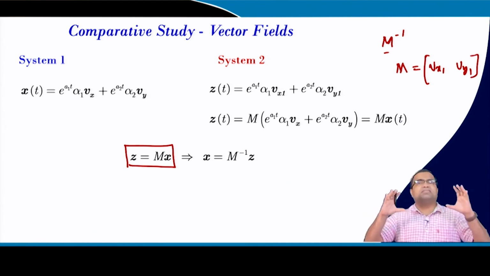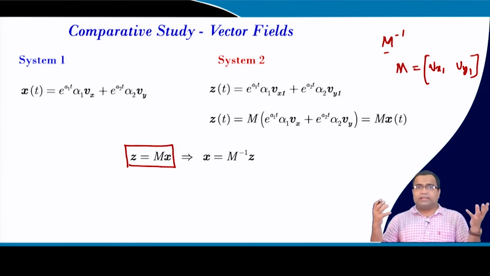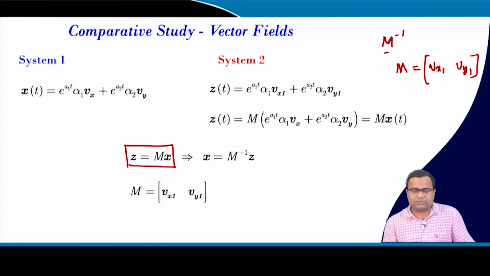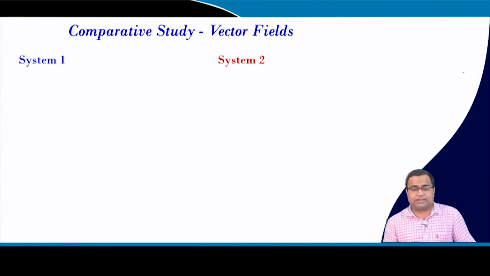As a result, M will be invertible because it will be full rank, since it consists of two linearly independent two-dimensional vectors. So, M is a full rank square matrix.